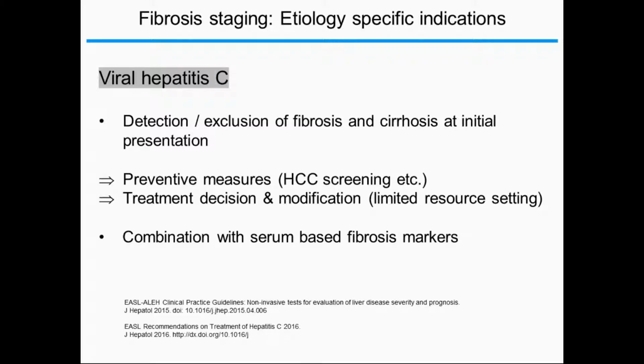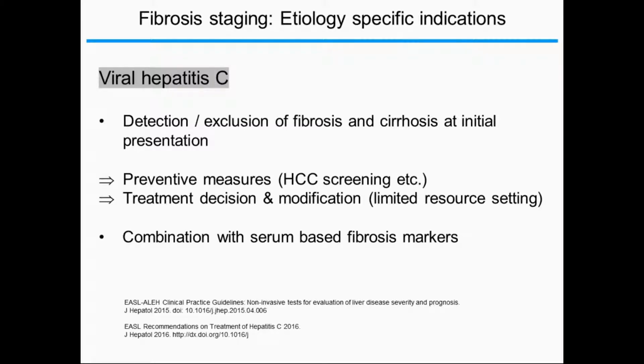In patients with viral hepatitis C, we can use liver elastography for detection or exclusion of fibrosis and cirrhosis at the initial presentation. This is very useful to start preventive measures, for example, the screening for hepatocellular carcinoma. And it might also have meaning in limited resource settings where treatment is not available for everybody. Then we can stratify patients by the presence of fibrosis or cirrhosis.